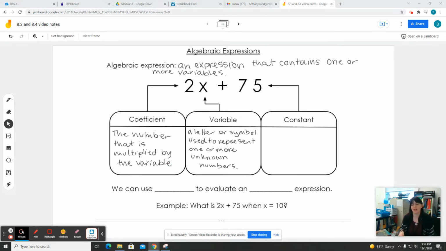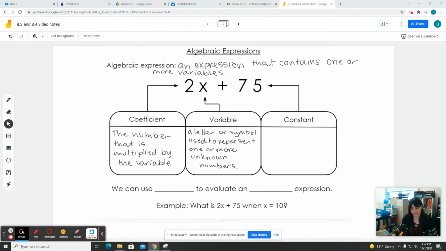It has to be multiplied. If it's subtracted or added, it is not a coefficient. It's a completely different term, because remember, a term is separated by an addition or subtraction sign. If it's multiplied, like 2 times x in this case, when the 2 and the x are touching each other, that means that they're multiplied. And so the coefficient is the number that is multiplied by the variable.